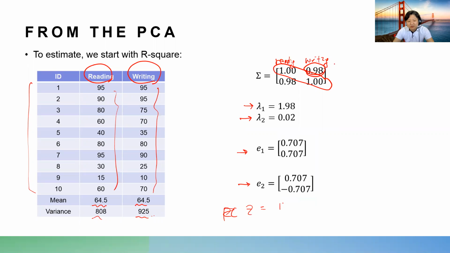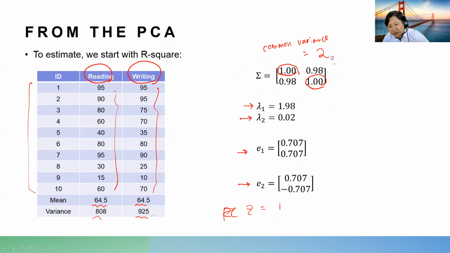Using Z equals PC 1 plus and so on, right? Here, what I used is the correlation matrix. The variance in this correlation matrix is 1. The first variance plus the second variance is 2.